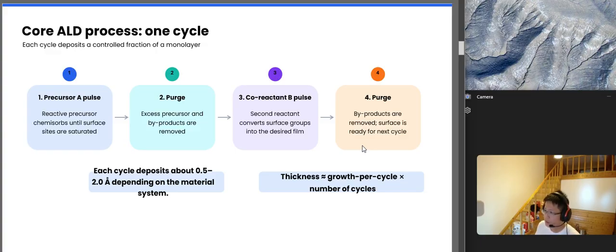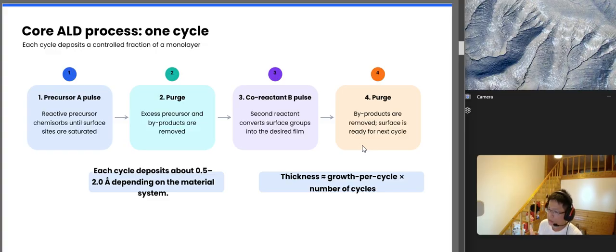After that, we introduce the co-reactant B into the chamber, so there will be chemical reactions between the precursor A and the co-reactant B. And after that, we again introduce some purge gas to remove the byproducts.